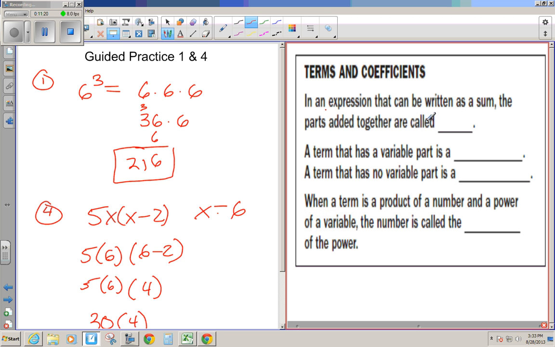In an expression that can be written as a sum, the parts added together are called the terms. So each piece that's separated by addition or subtraction is a term. A term that has a variable part is a variable term.